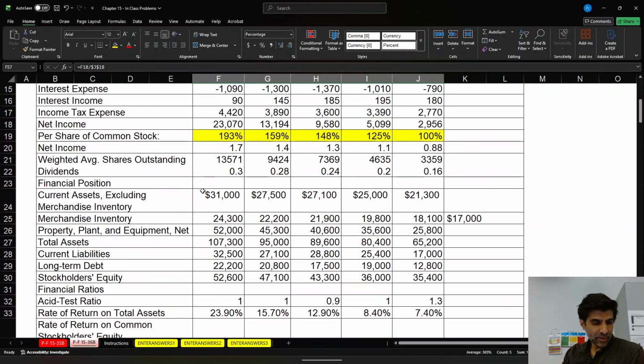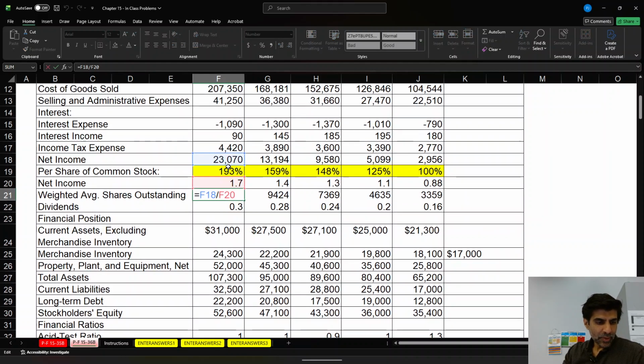So I'm using this formula here: net income divided by the number of shares equals earnings per share. Since I know this, 1.7, and I know this, I can just swap these two. It's like manipulating an equation to solve for a missing variable.